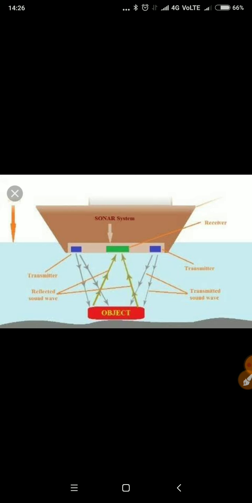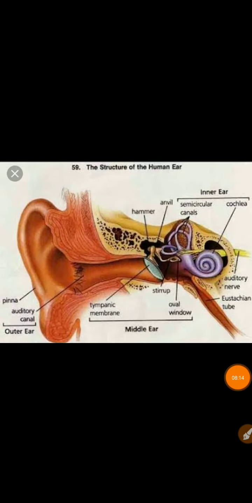Now let's move towards our next topic, that is the human ear, the internal structure of the human ear. All of us are aware that the human ear is an apparatus for us to hear, right?